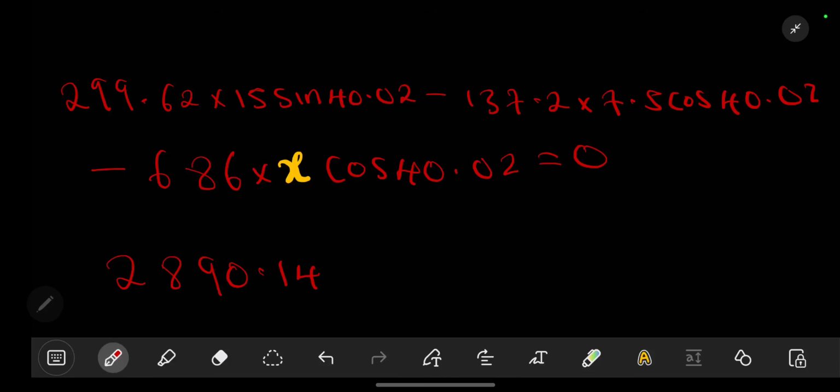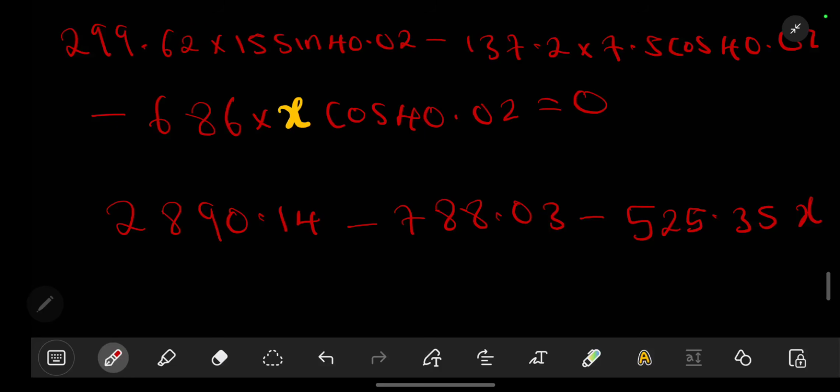Then we have 137.2 times 7.5 times the cosine of 40.02. This is going to give us 788.03. Minus, we have 686 times the cosine of 40.02. This is going to give us 525.35. Then it's attached with x, so at the end we have to write should be equal to 0.